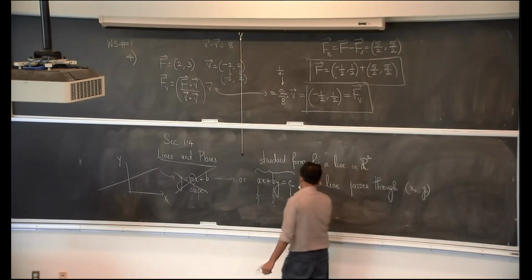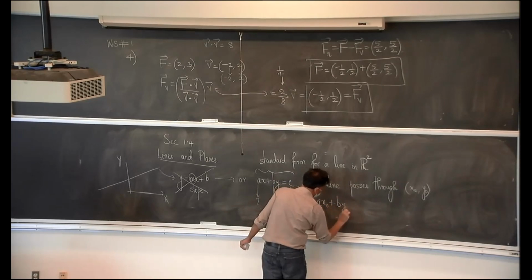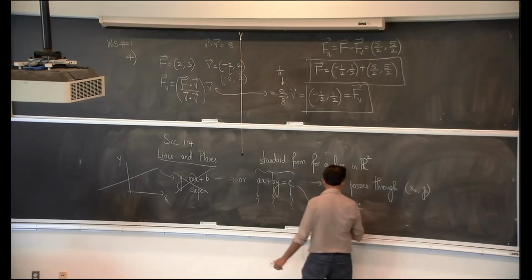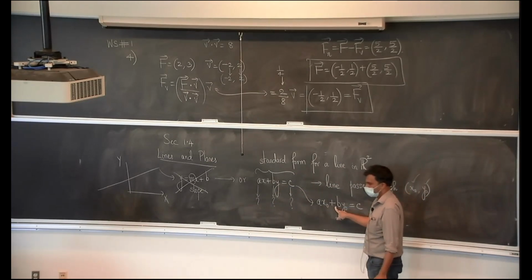Then you can write this as a x naught plus b y naught equal to c. Remember that we know x naught and y naught, and a and b are two constants which we are still trying to figure out. But if you know that, you know that c is now equal to these two.